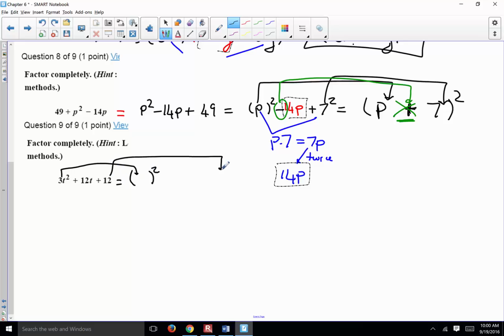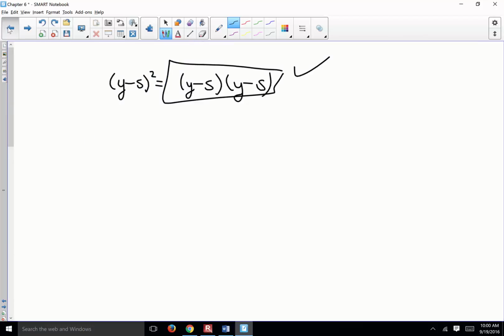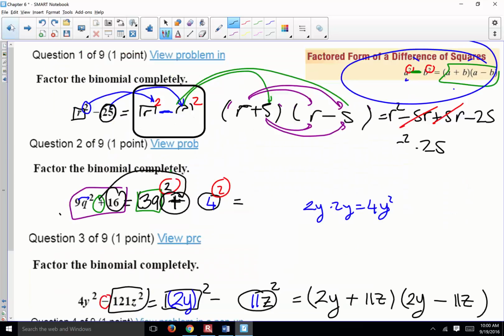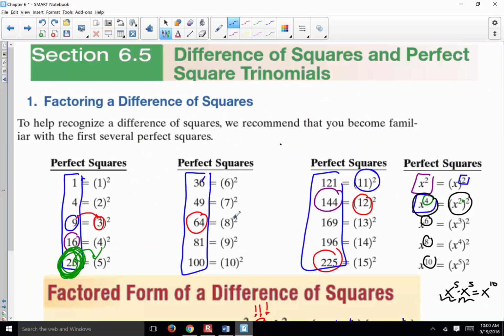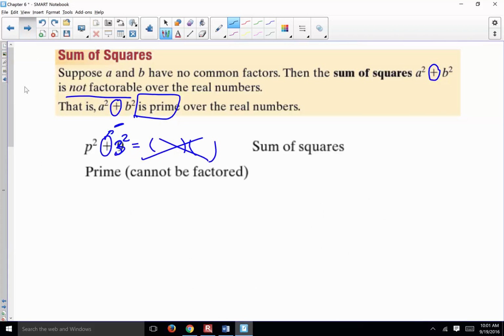We try to make that a square, but is there a number that once you square it makes 12? Is 12 in this list? Is 12 a perfect square? No, there is no number that once squared makes 12. I wish it was 9 or 16. I know what to do with 9 and 16, but not 12.